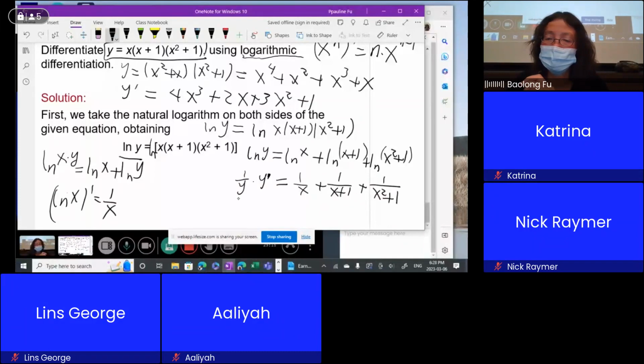Take derivative of x squared plus 1, so that it becomes 2x. You have to take derivative of x squared plus 1 for the last item on the right-hand side. Yes.